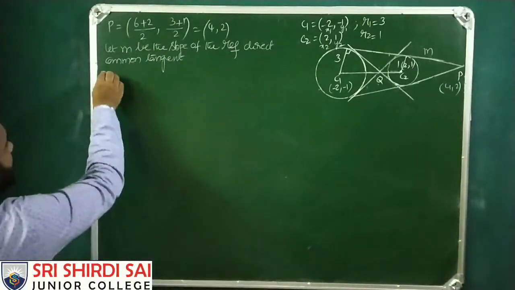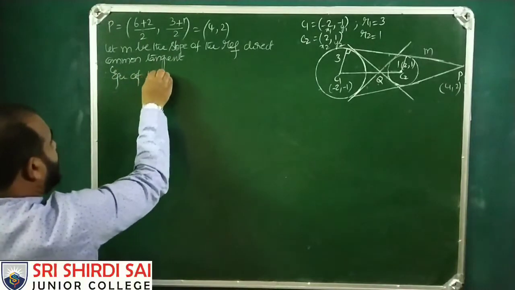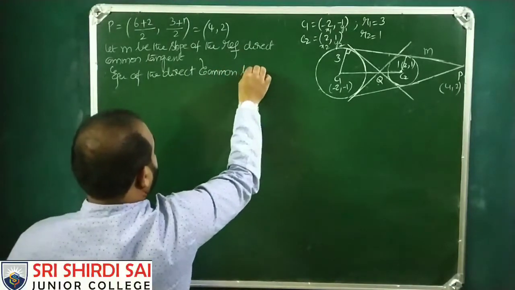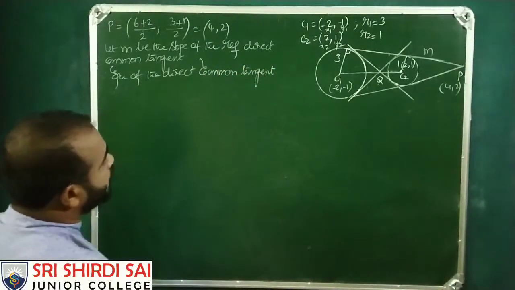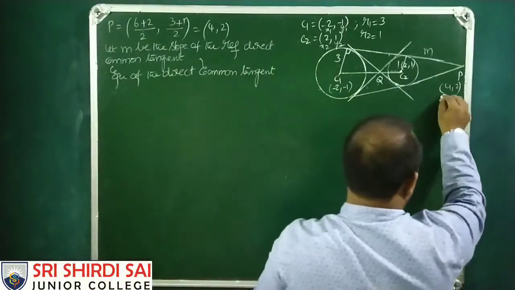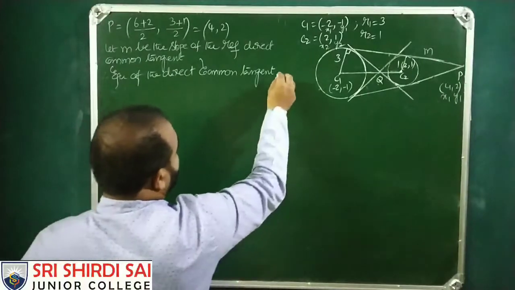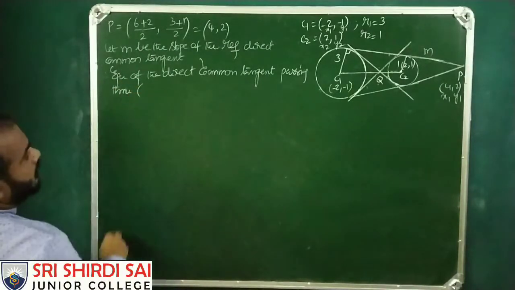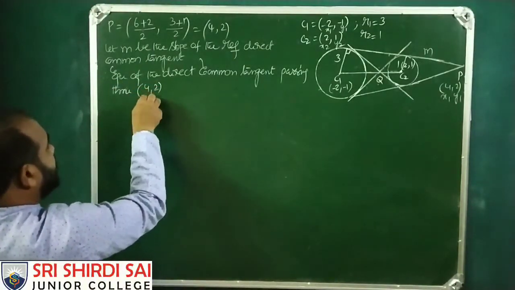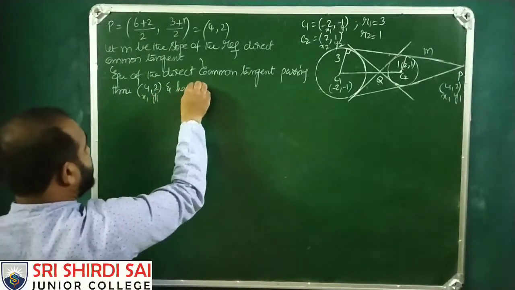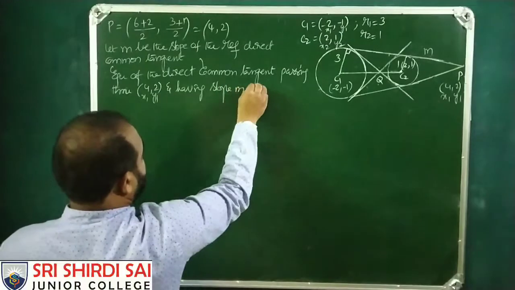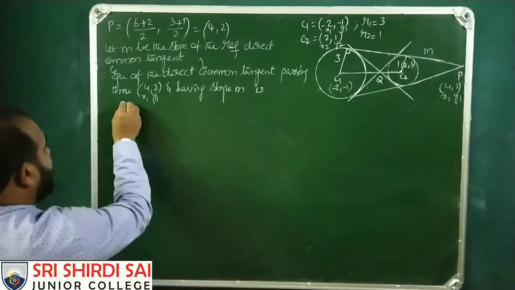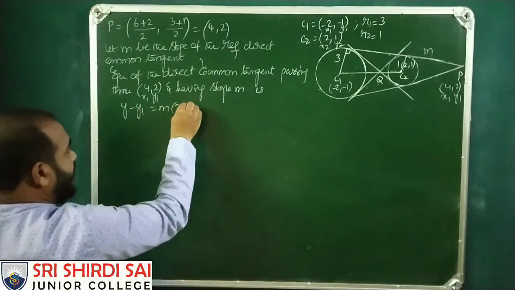Therefore the equation of the direct common tangent passing through 4 comma 2, which is x1 y1, and having slope M, is y minus y1 equals M into x minus x1.